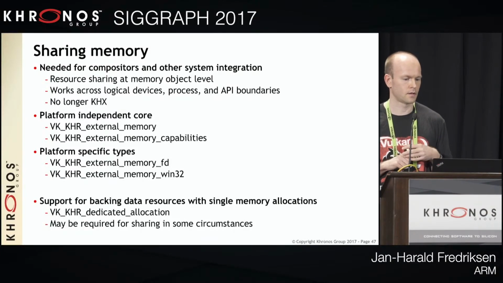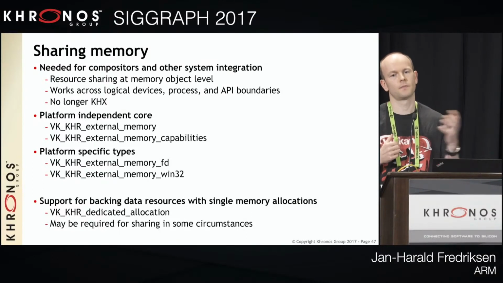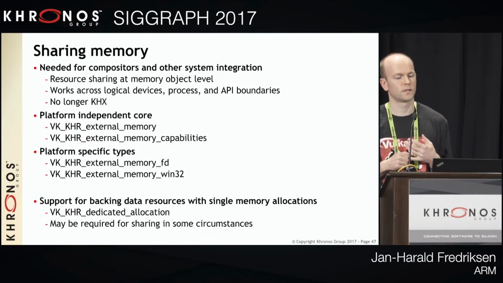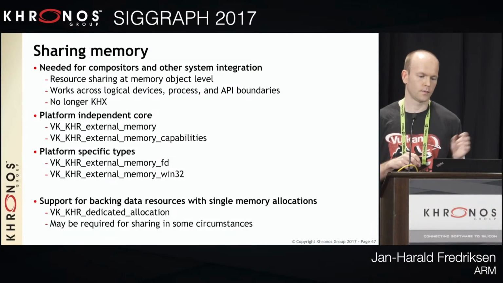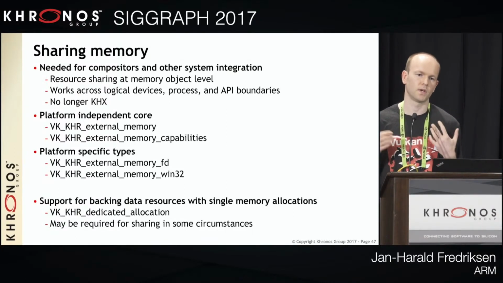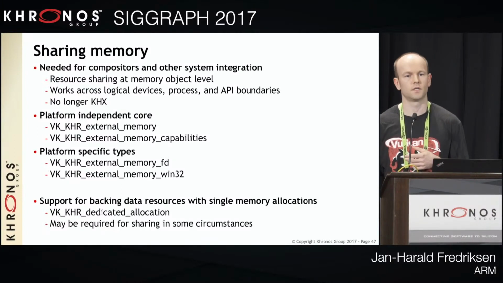So we have a set of extensions that do memory sharing, which lets you import memory objects and export memory objects from Vulkan. And this allows you to share things across devices, across process boundaries, and across APIs as well. The way these are structured is that there is a platform-independent core, which is the basics of the API, and then there are platform-specific memory types that you can import: file descriptors for Linux-like systems and Win32 handles for Windows-like systems.